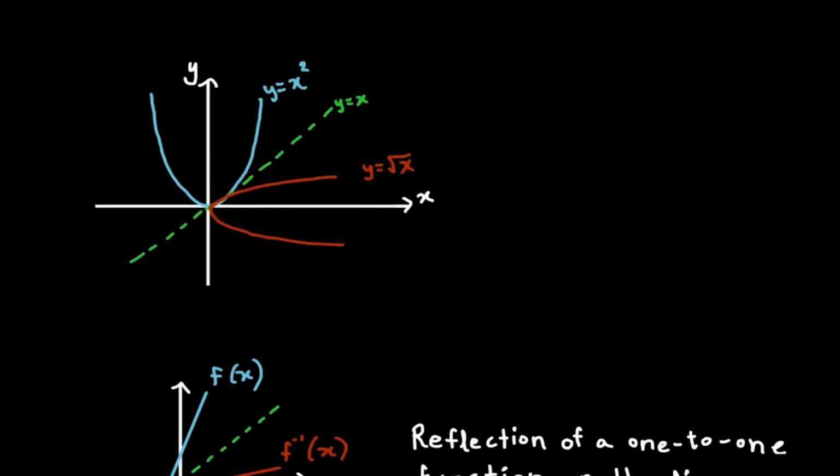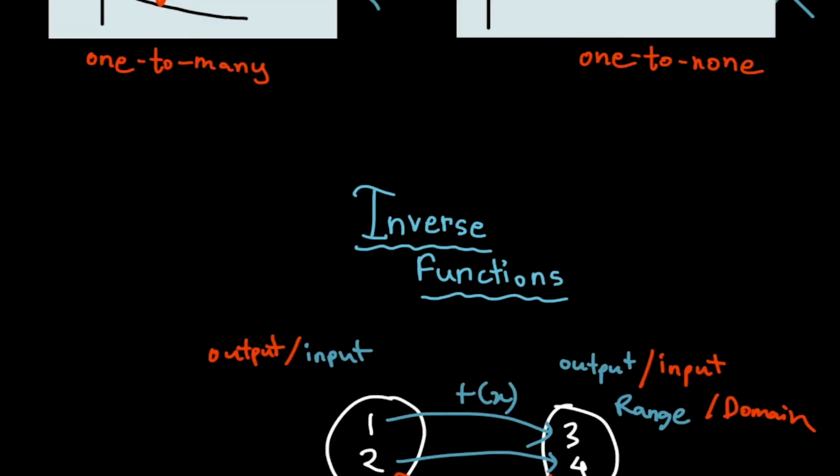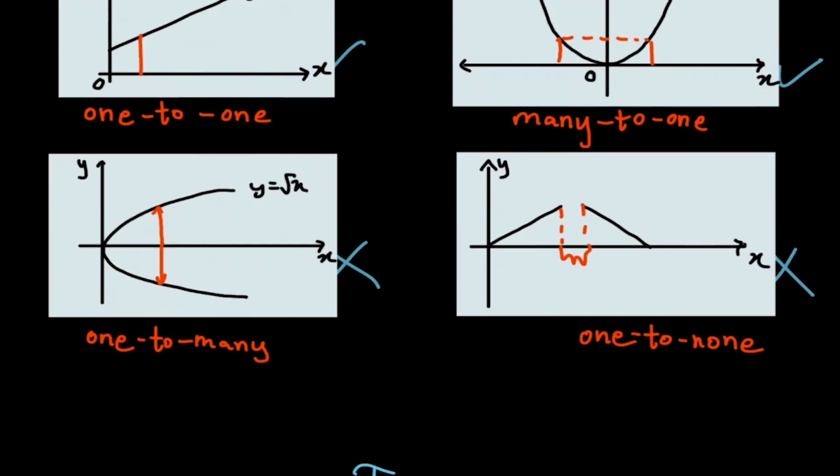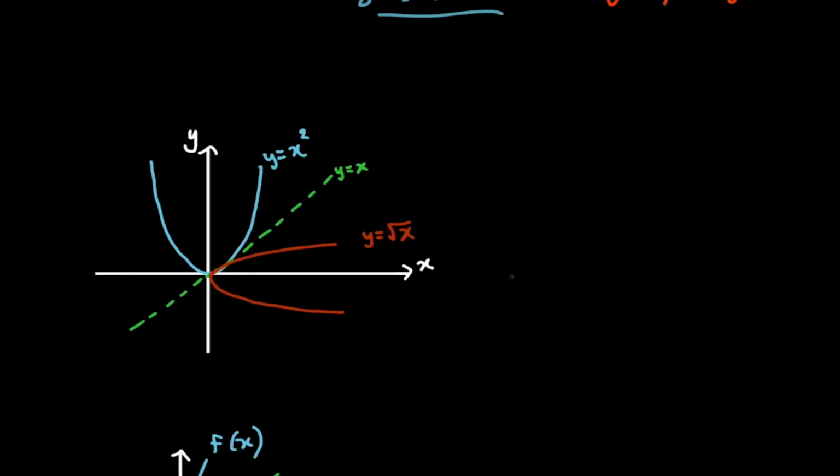However, when a many-to-one function is reflected on the line y equals x, we can see that a one-to-many relation is produced. And a one-to-many relation is not a function. So this is invalid. So this cannot be the inverse function.